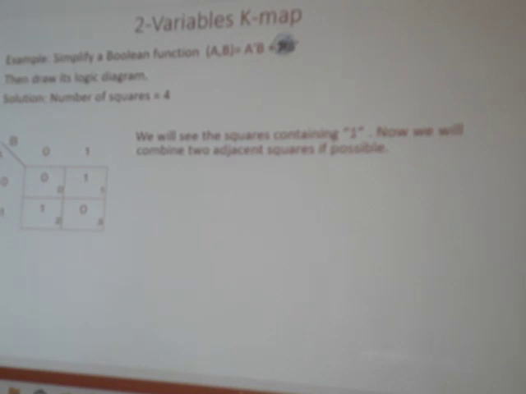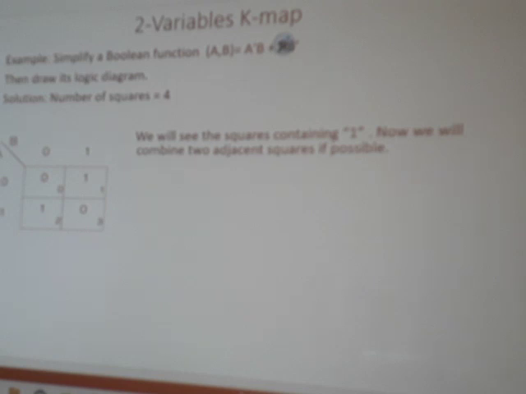Similarly, the second square has 1, 1 is in the third square, and again 0 is in the fourth square. So the 1s represent the minterms in the Boolean function a'b and ab'.